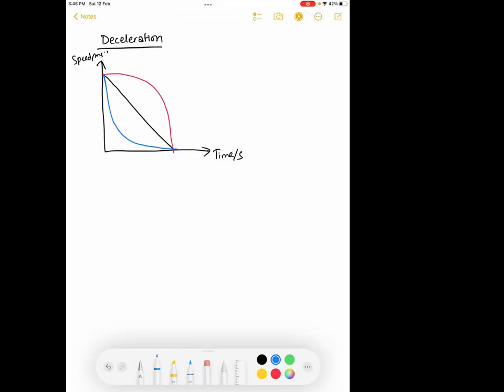Let's look at the increasing one. If you draw a triangle right here, you'll see that the slope is negative, but the slope is increasing. Okay, that's why it is increasing deceleration.